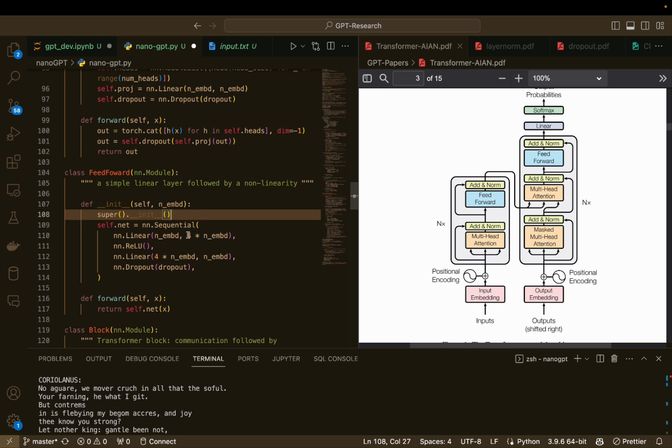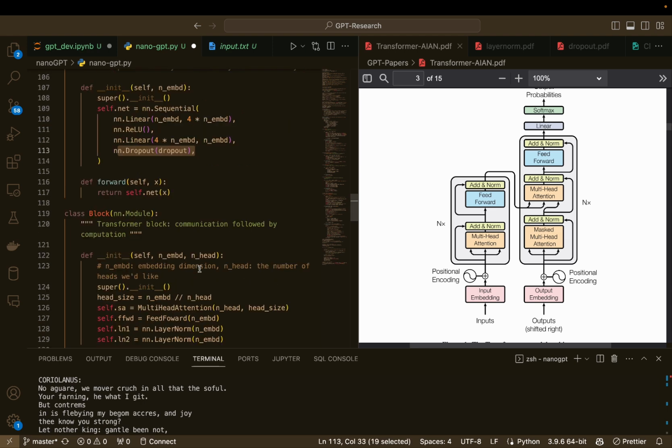Since our number of embeddings here is, I think it's 16, yeah, so 32, sorry, it will be 4 by that, and that will give us the 32 head size. And you can see he's also applying dropout there as well.